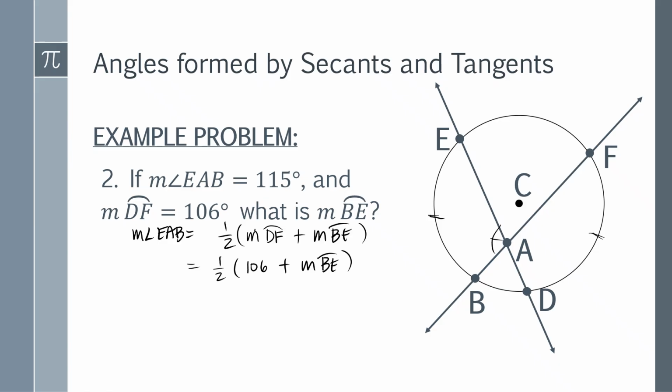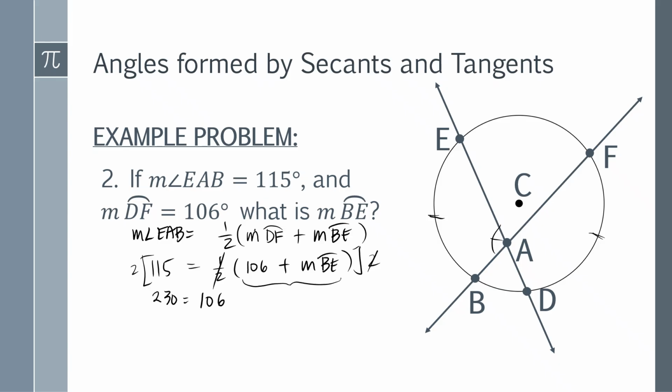But the measure of EAB here is 115 degrees. Since we have 1/2 here, you have to multiply both sides by 2, so that we have to remove the 1/2 there. So 115 times 2, which is 230 degrees, is equal to, since natanggal yung 1/2, you have to rewrite this again inside the parentheses.